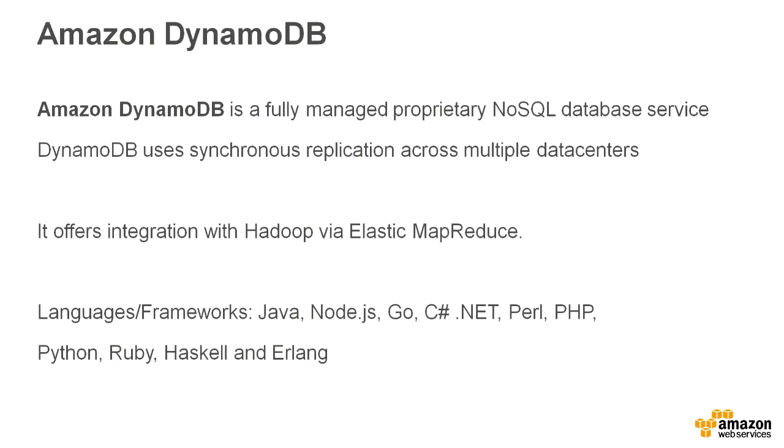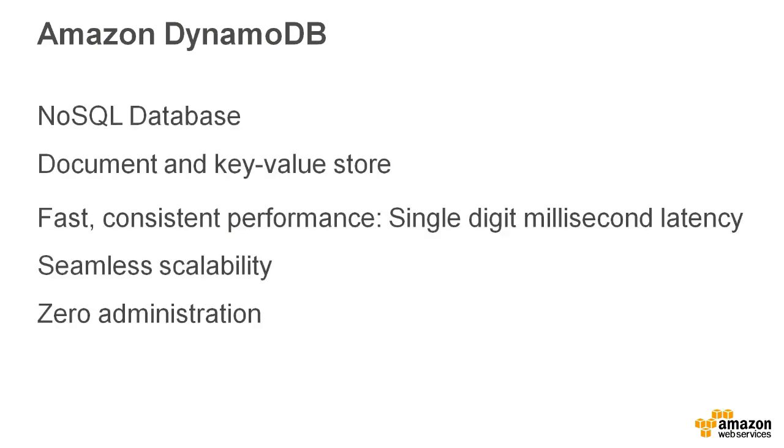The languages and frameworks that are supported with DynamoDB are Java, Node.js, Go, C Sharp, .NET, Perl, PHP, Python, Ruby, Haskell, and Erlang, or the new form of Erlang programming language, that is Elixir. They are supported on DynamoDB.